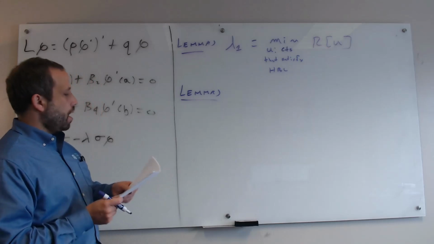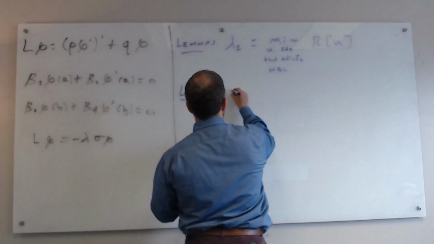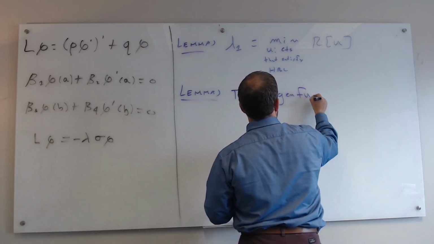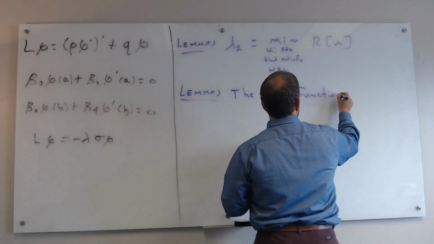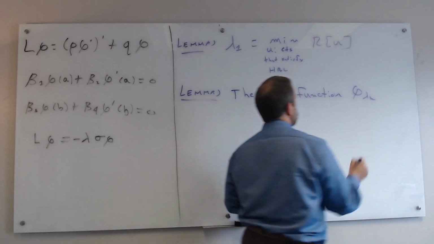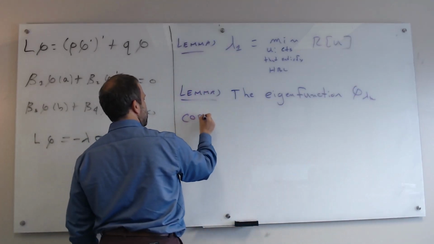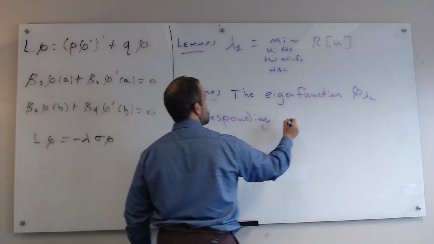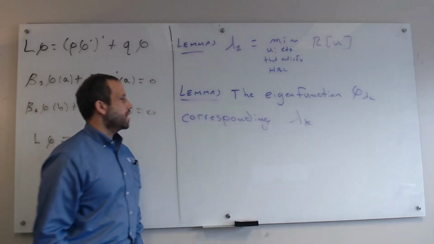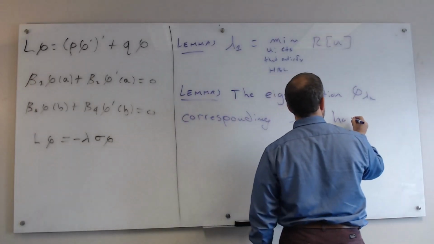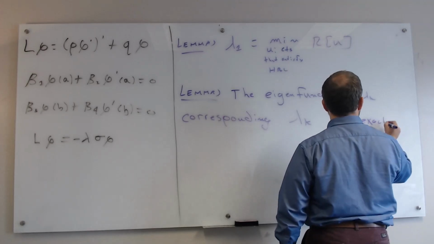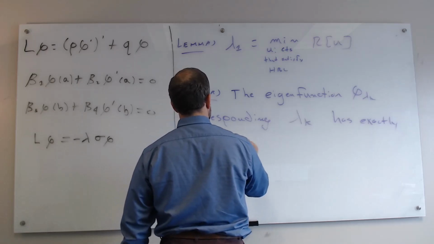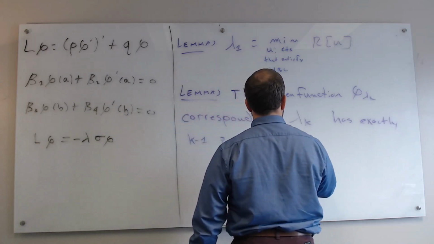Okay, so lemma: the eigenfunction phi lambda k corresponding to the kth eigenvalue lambda k has exactly k minus 1 zeros in the interval a to b.